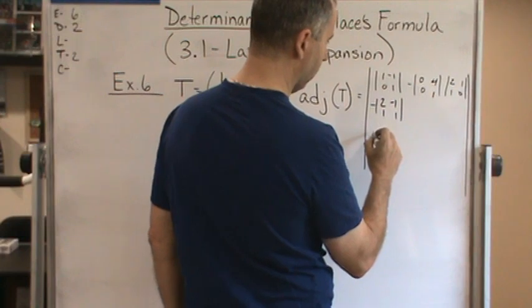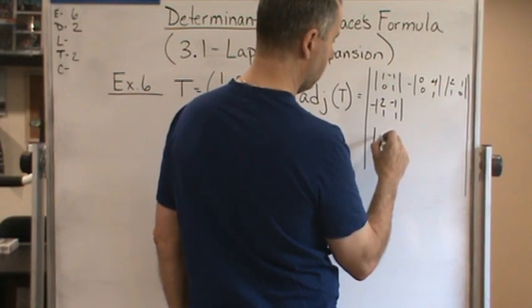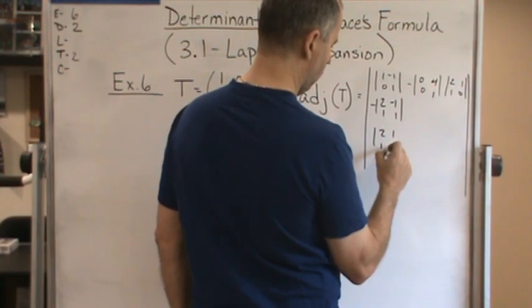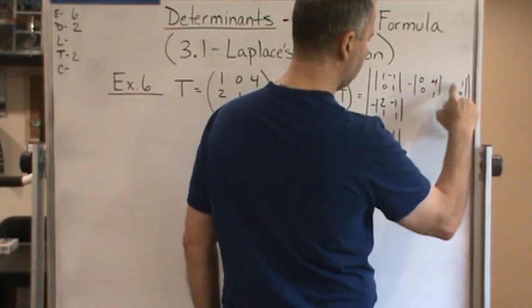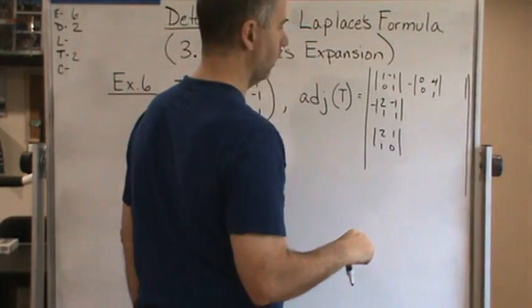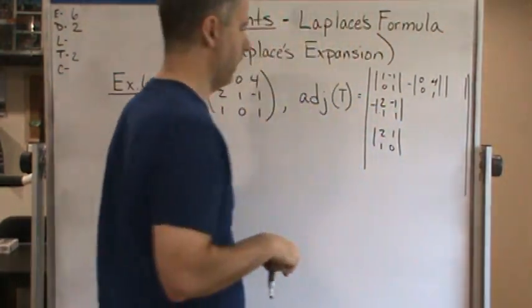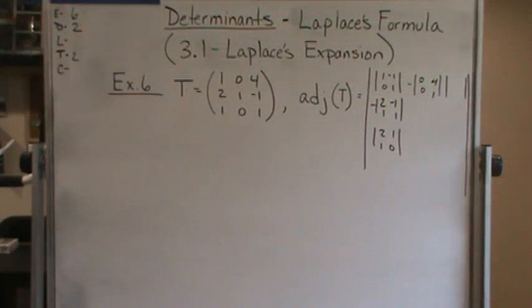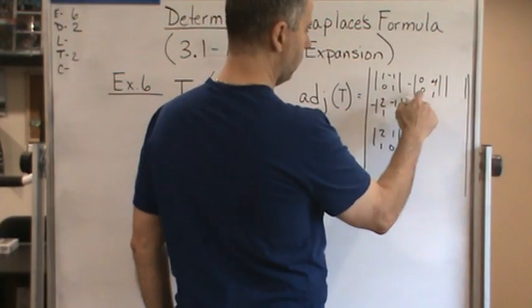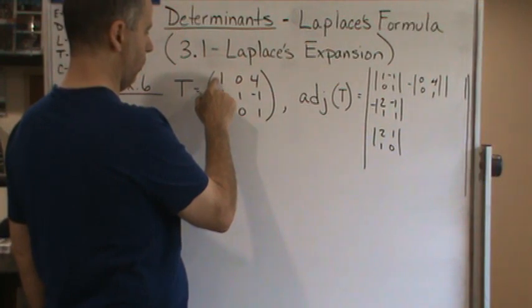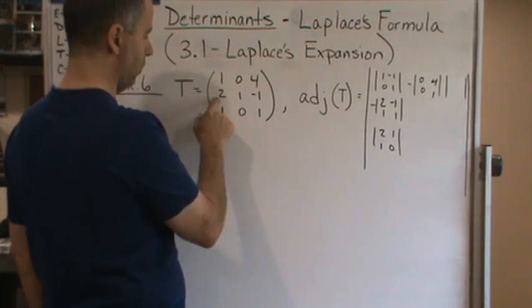This one is going to go here, which is going to be 2, 1, 1, 0. So this is going to be 1, 1, 2, 1, 3, 1.